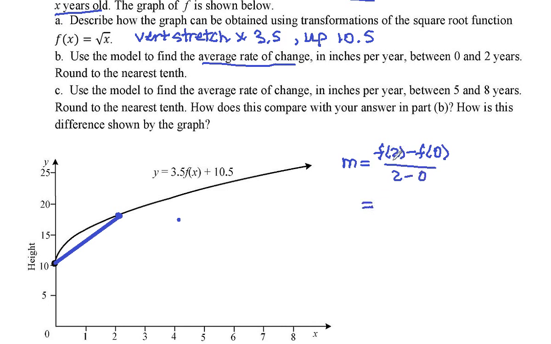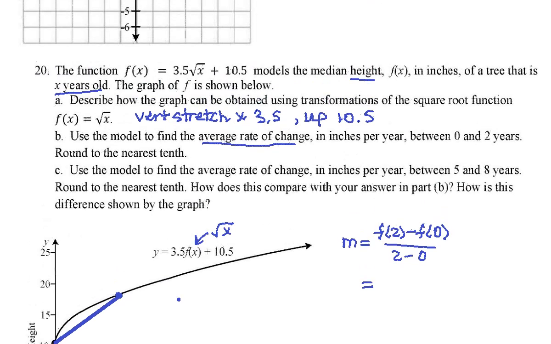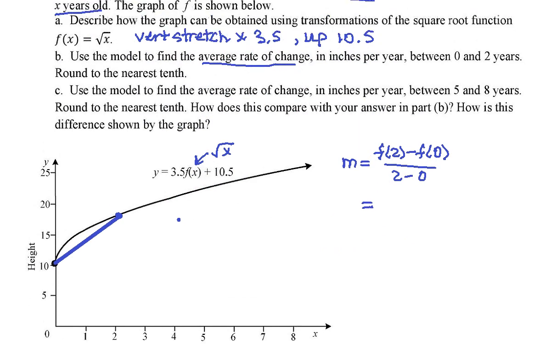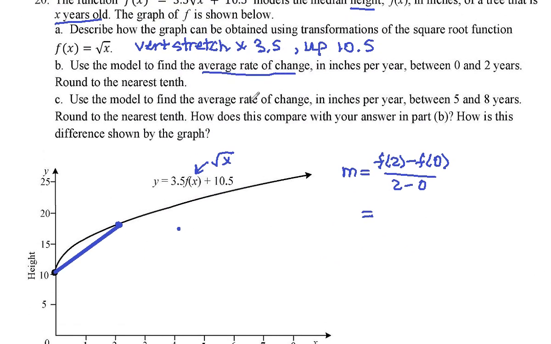So for the function value, we're just going to plug in 2 to our function here. This is 3.5 times square root of x. Actually, let's see here. No, yeah, that's this f of x. And so plug a 2 in right here.